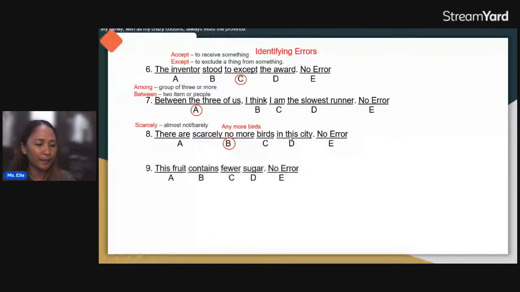Number nine. This fruit contains fewer sugar. Is there an error here?